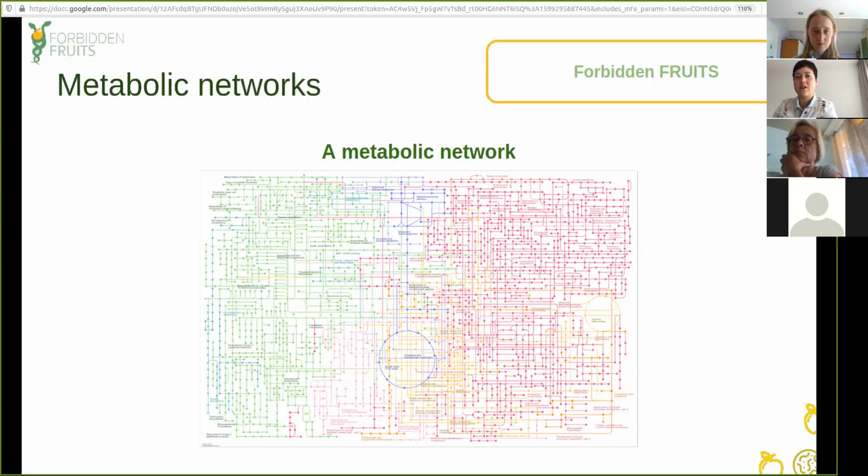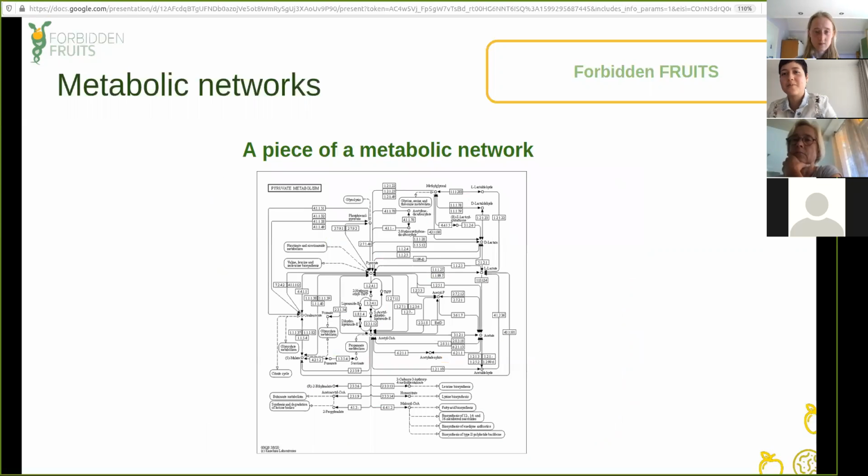And these little dots and lines represent the chemical reactions that occur inside a living cell. So there are a lot of them. Now we can zoom in a bit, and it is still very intimidating. This is just a piece of the network that we just saw, and it describes a group of reactions that are interconnected and are in charge of some specific task in the cell.